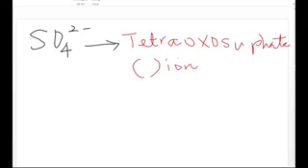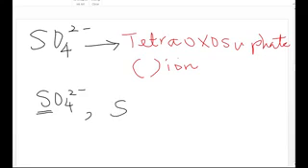It's very simple. Now I have my SO4 2 minus. Okay, I'm looking for the oxidation number of this sulfur. So how do I do that? From your basic chemistry knowledge, this sulfur is what I'm looking for. Let's say it is S plus. I know the oxidation number of oxygen from what we've just done up here.